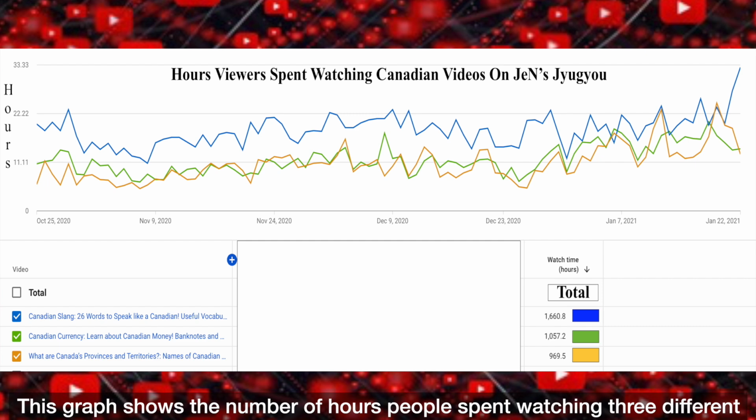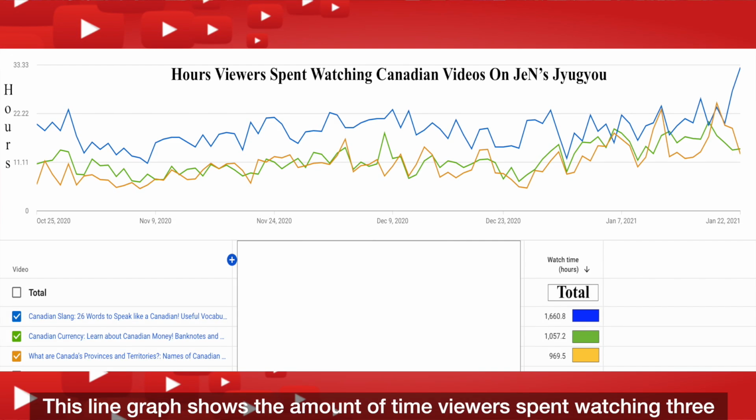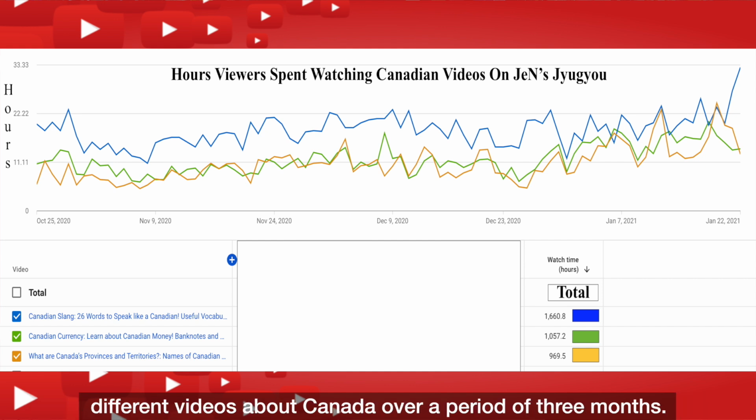This graph shows the number of hours people spent watching 3 different YouTube videos on Jen's Jyugyou over a period of 90 days. This line graph shows the amount of time viewers spent watching 3 different videos about Canada over a period of 3 months.